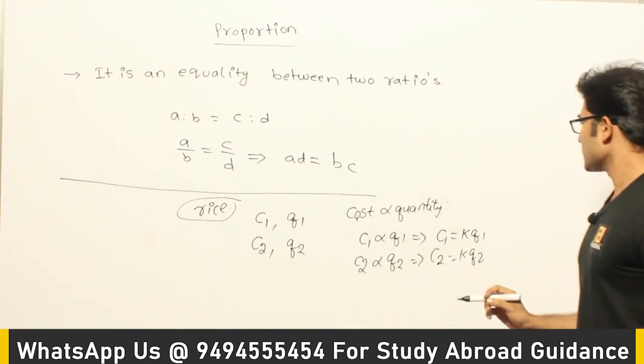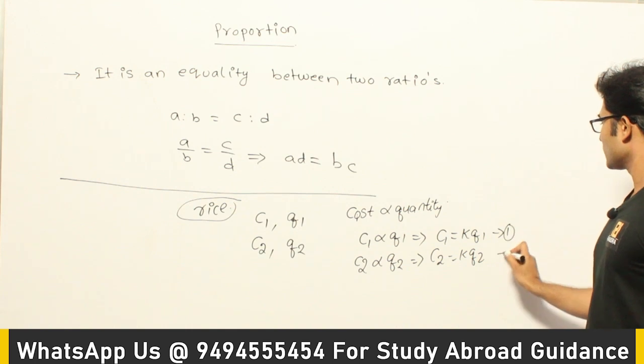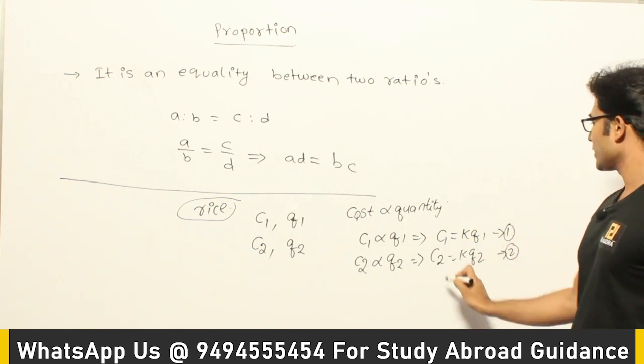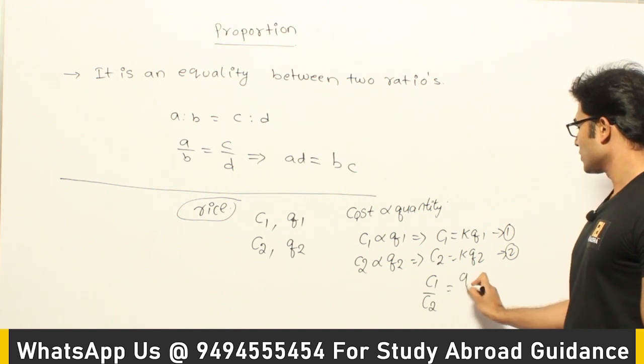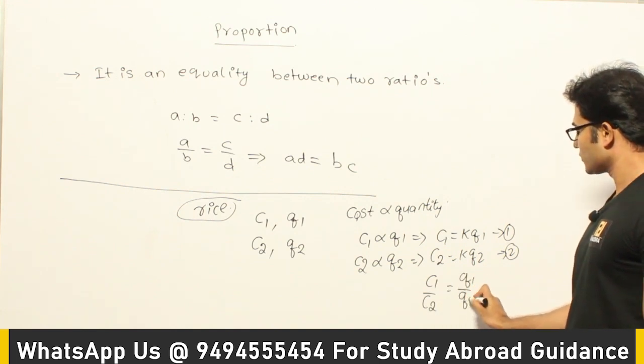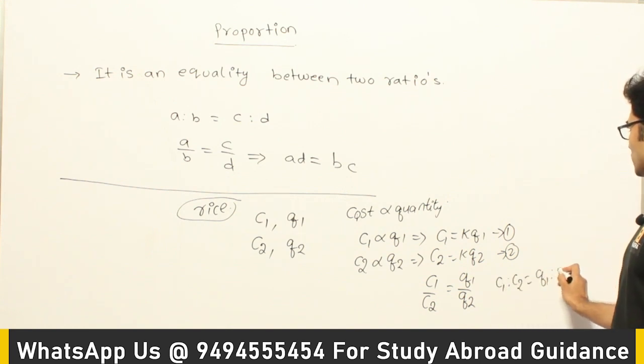Let us say this is equation 1 and this is equation 2. If you divide 1 by 2, we are going to get C1 by C2 equal to Q1 by Q2, right? Or it can also be written as C1 is to C2 equal to Q1 is to Q2.